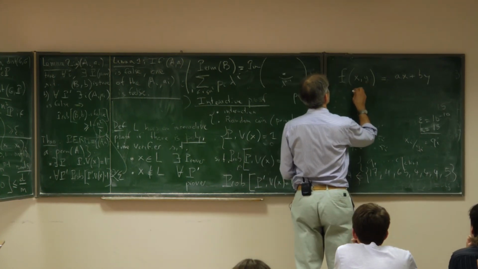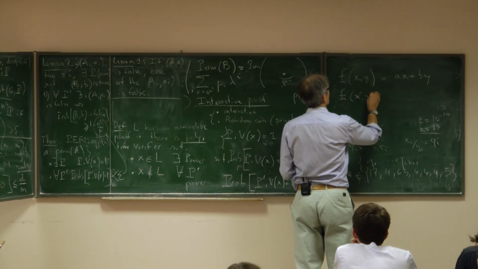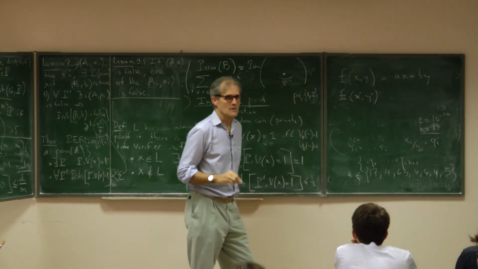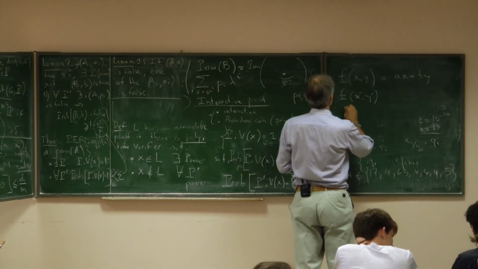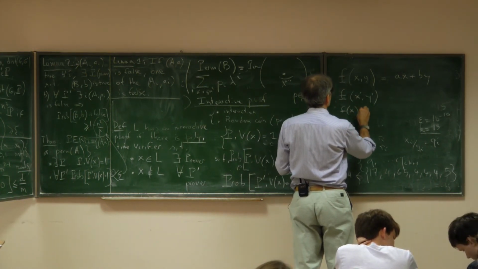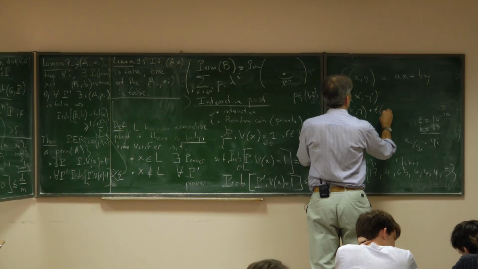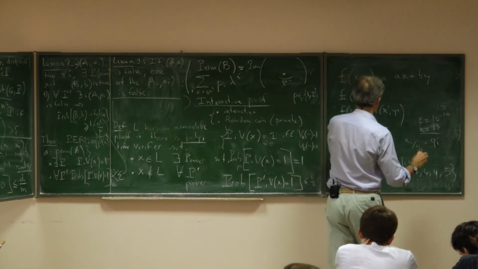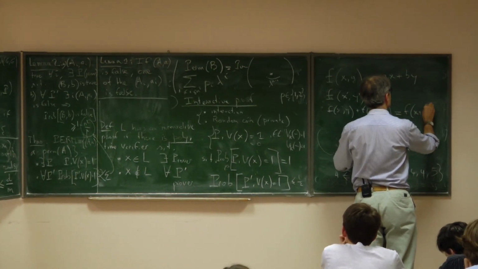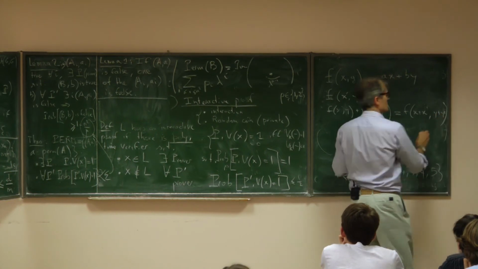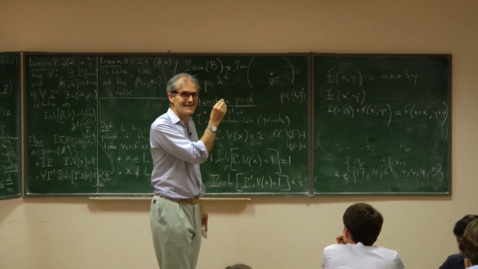You take x, y random, then you take x prime, y prime random, and you check if f of x, y plus f of x prime, y prime is equal to f of x plus x prime, y plus y prime. When you have a linear function, it satisfies this.